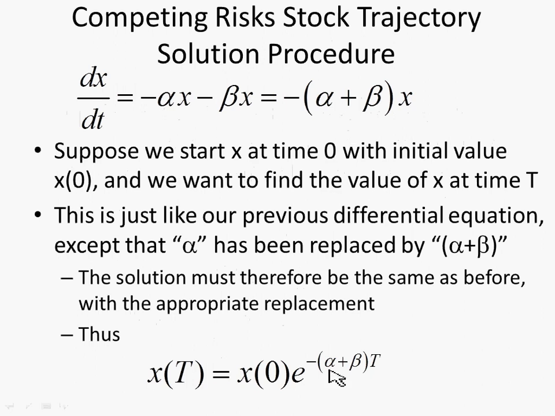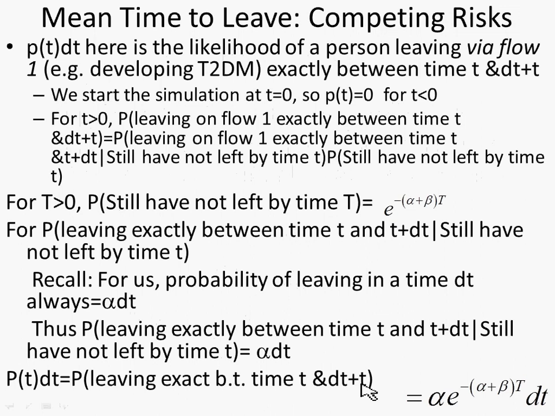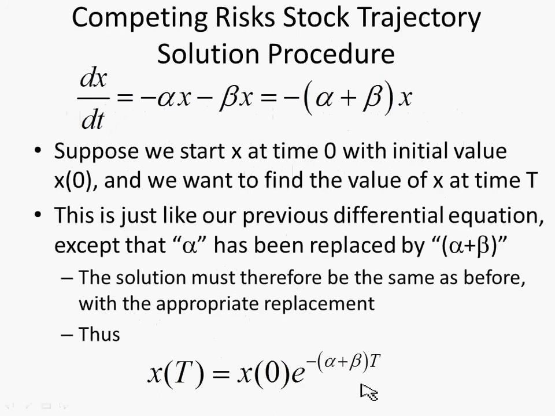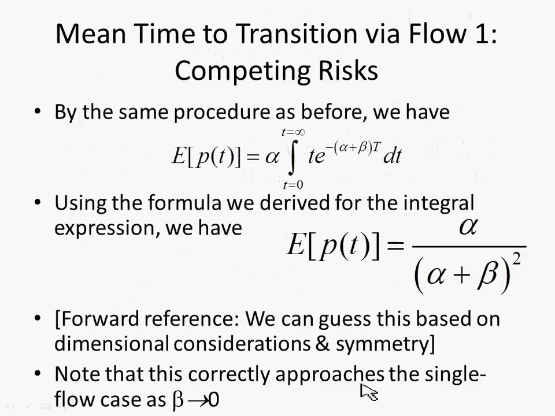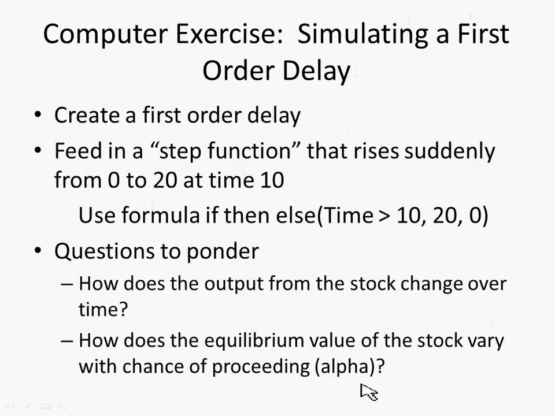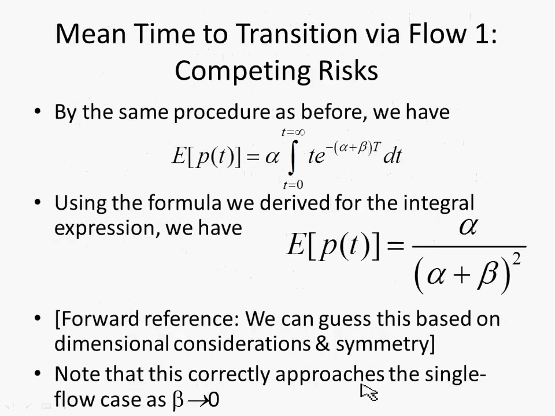The average amount of time to leave via a certain flow, if we consider how long on average it takes for someone to leave via this rate versus this other rate, it's actually alpha over alpha plus beta squared.